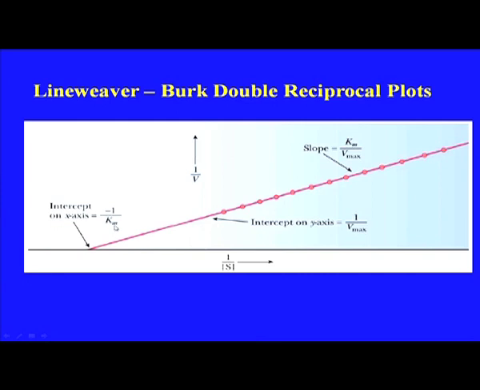Okay. So, large or small Km will shift this point maybe this way or that way, and if Km is high, your slope will be high. Okay. Slope will be high means this graph will be like this. Okay. So, Km high means this value will be high, means it will be coming close to the origin. Okay.